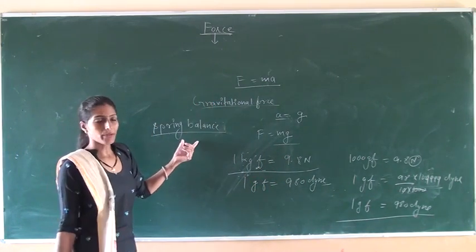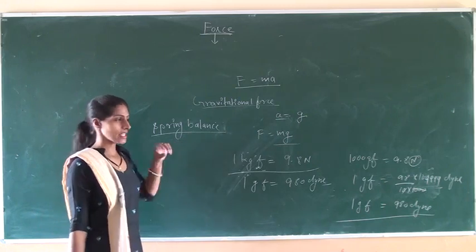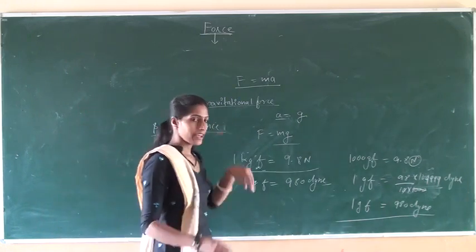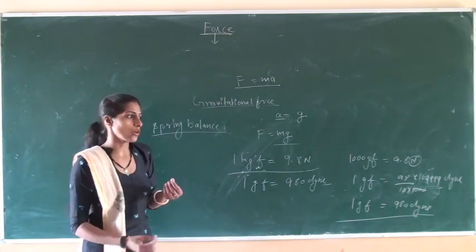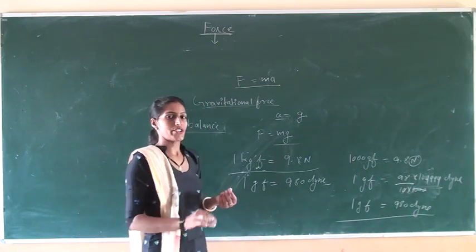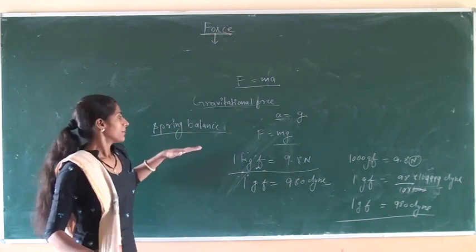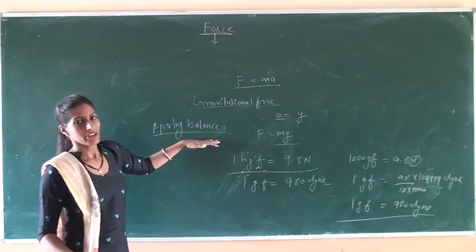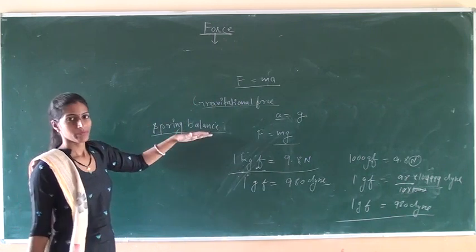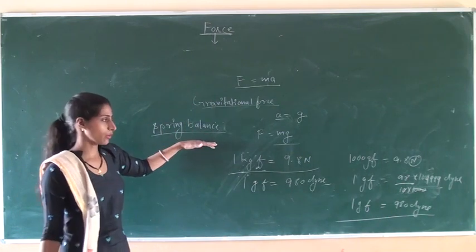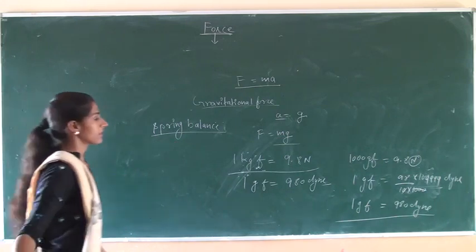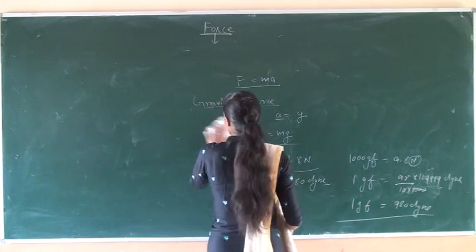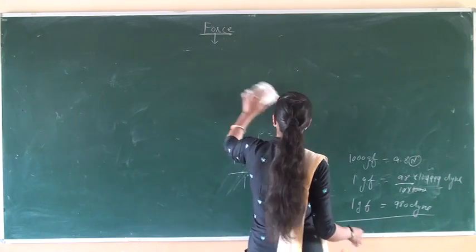In this type of device, there is a spring which is attached to a hook, and when we hang any weight, the position of the scale will change and the marking will indicate the result, means the weight of the object.